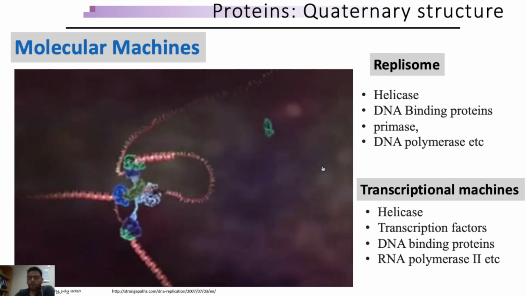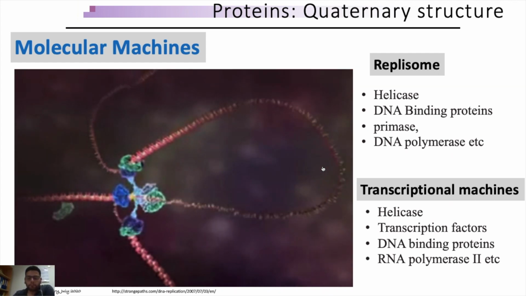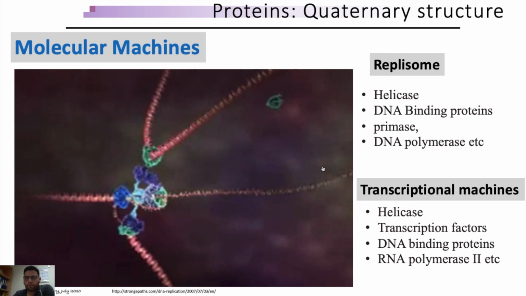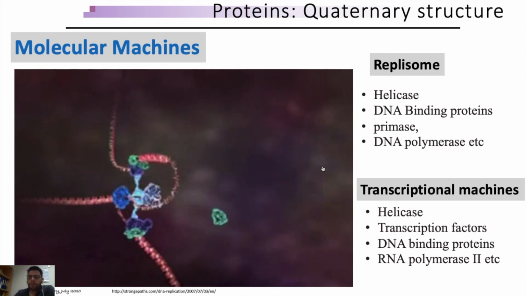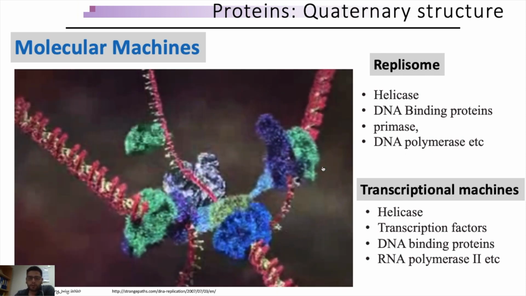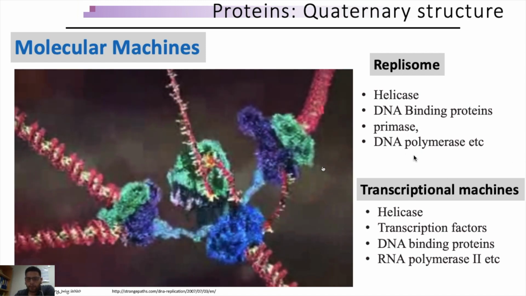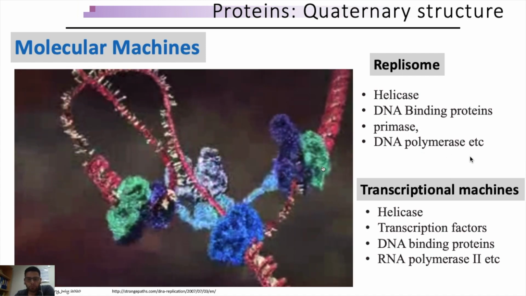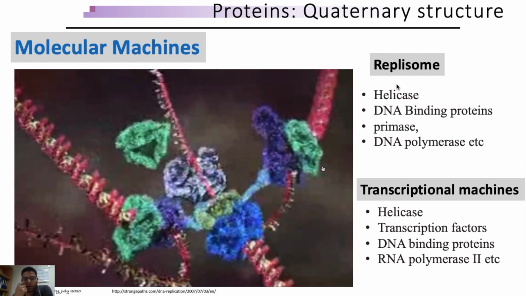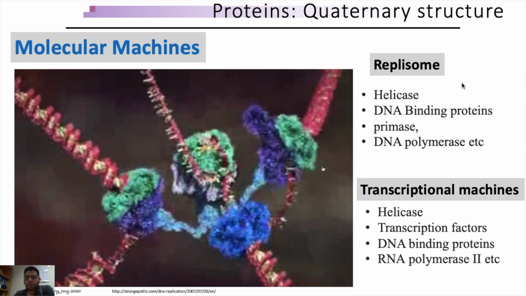Not only this, molecular machines play very important roles. For example, the replisome machinery, which is one machine that contains helicase, DNA binding proteins, primase, and DNA polymerase, and the sole function of this machinery is to duplicate the genome.